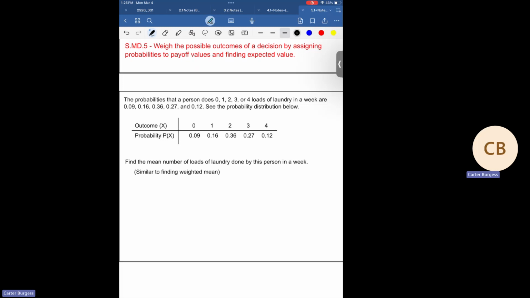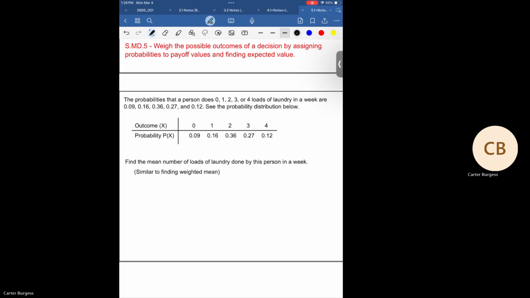It's a lot more likely that they're going to be doing 2 or more. Right, this individual is more likely to do 3 than they are to do 1. They're more likely to do 4 than they are to do 0. And so treating 0 and 1 as having equal weight as the 3 and the 4 doesn't make a whole lot of sense.